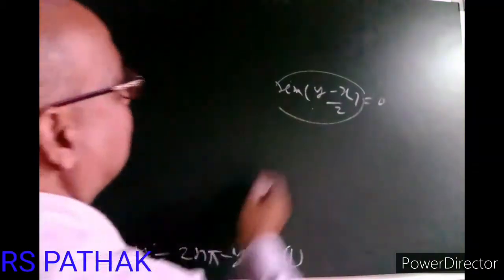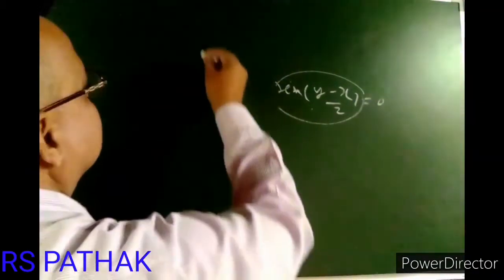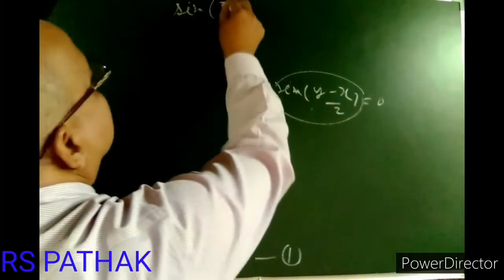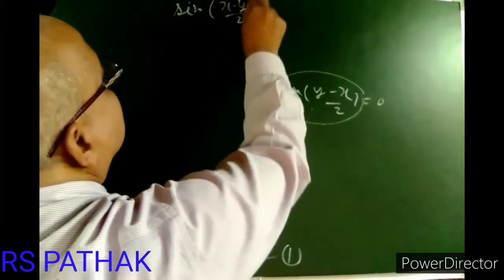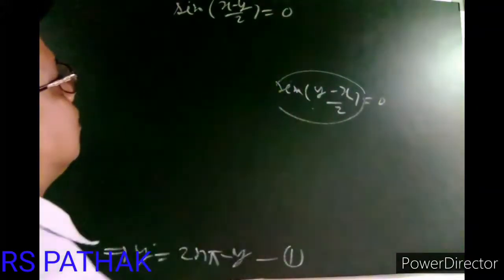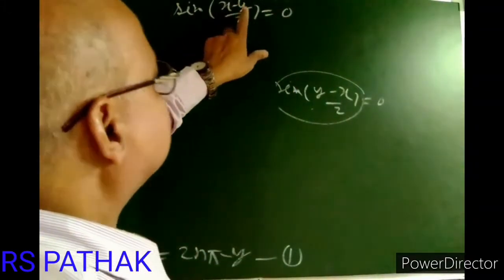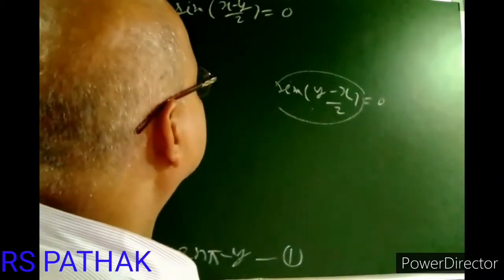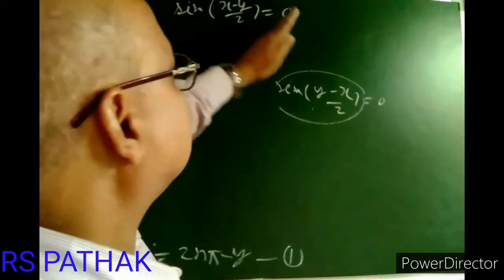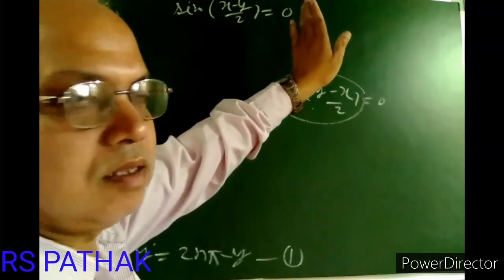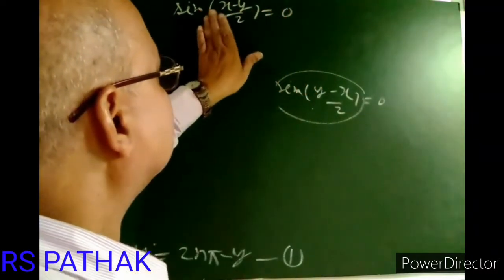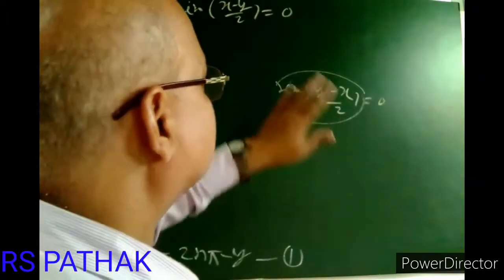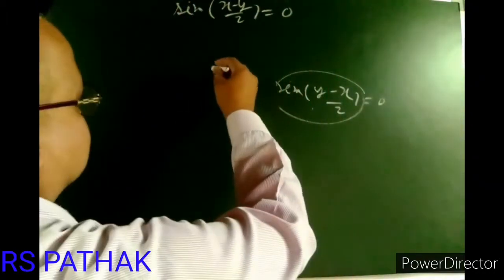Now I will solve for sin (y minus x). sin (y minus x) upon 2 can be written as sin (x minus y) upon 2 is equal to 0. I have changed to x minus y, there will be a negative, and equal to 0, there will be no effect of the negative sign. Both are equal to 0.